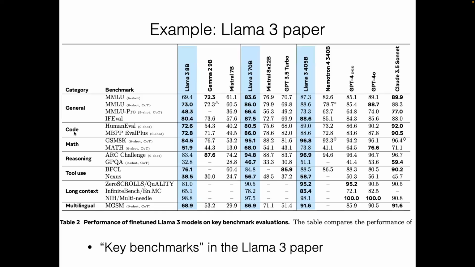Or is this some kind of narrow evaluation of code that's supposed to be representative of all code performance? So we'll go a bit more into what I'm saying in a bit, just a little preview. And then you can see different numbers. And I think here you could see how they're evaluating it. So here they're using 5-shot. Here they're using chain of thought, and so on.